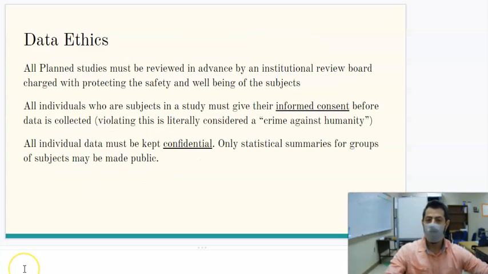So, last, ethics. This is a big thing. It's important to be ethical. All planned studies must be reviewed in advance by an institutional review board charged with protecting the safety and well-being of the subjects. If you are going to perform any experiment of any kind, even if it is just a survey, you have to literally get certified to do so.